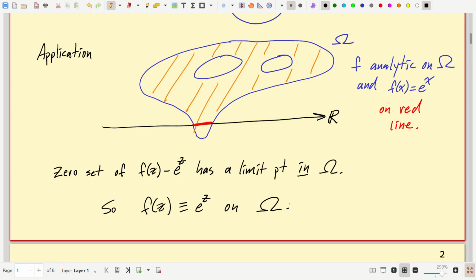Let's see. You might ask yourself next, yeah, question? f of z minus e to the z would have zeros along that red dash, and so it would be identically zero, and therefore f of z has to be equal to e to the z.